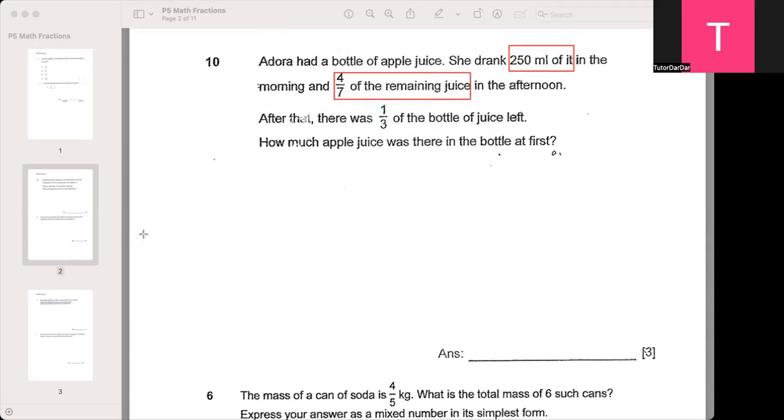In the afternoon. So first thing first, what do we do? We draw this 250 ml first. This is morning. Then after that, we will be drawing this remaining juice. As you can see, the denominator is 7, so we will be drawing the 7 boxes.